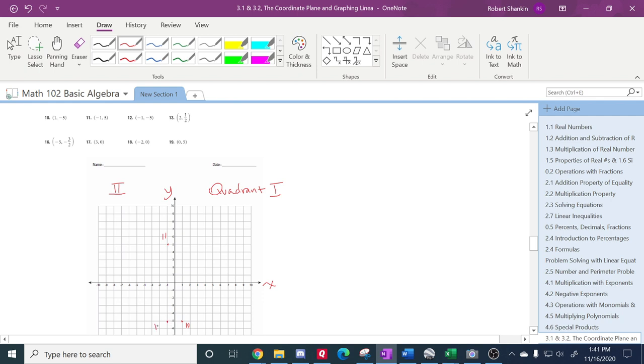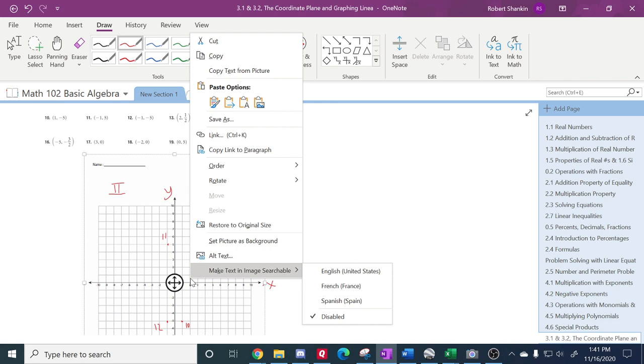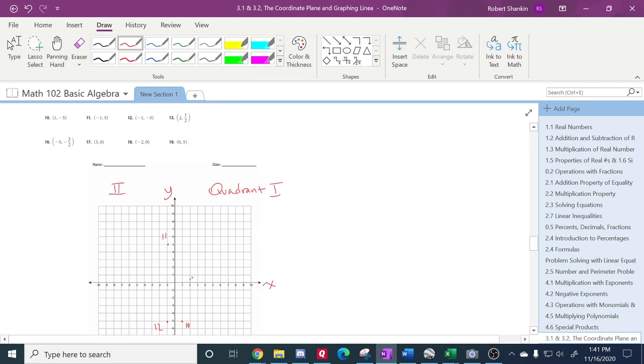Negative 1, negative 5. That's problem 12. Remember I said in quadrant 3 down here, both coordinates are going to be negative, and we see that right here. And 13, 2 to the right, 1/2 up. 16, 5 to the left, negative 1.5 down.